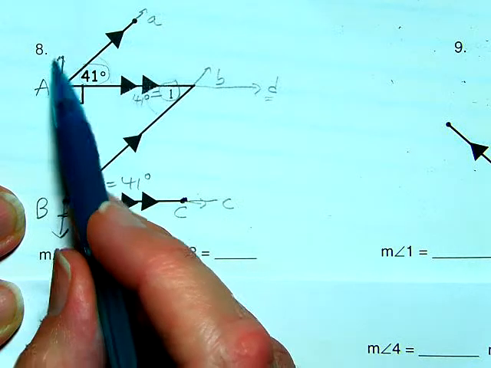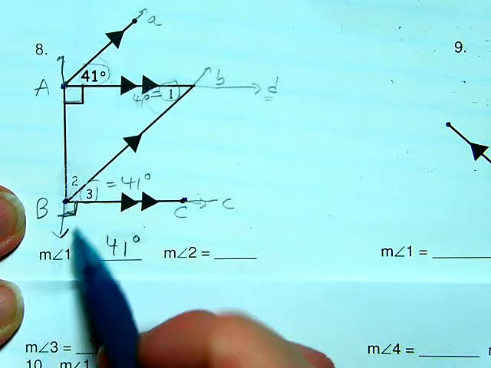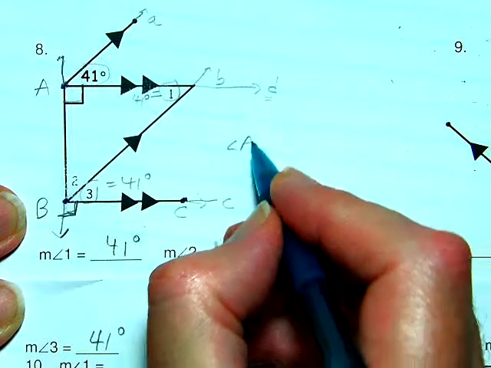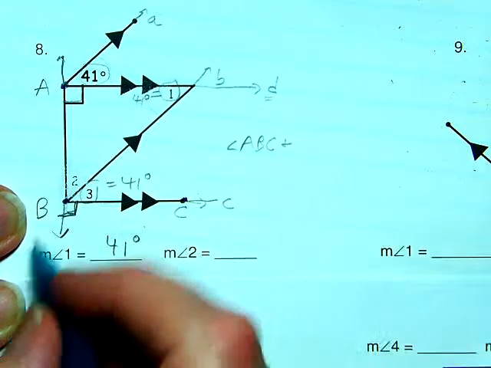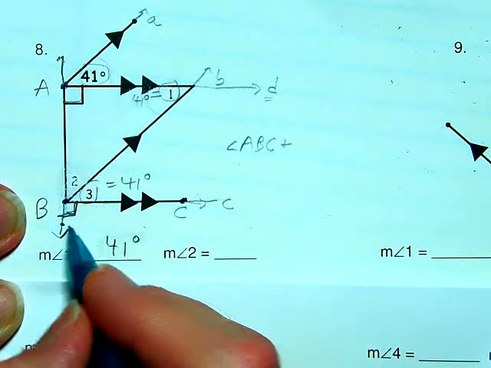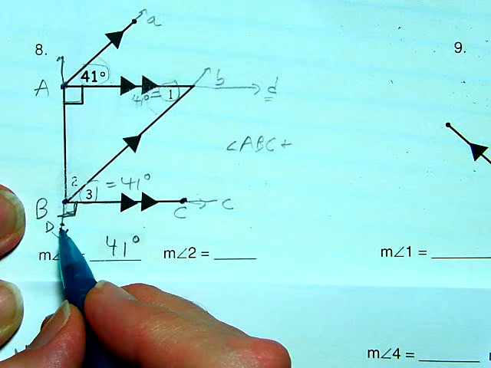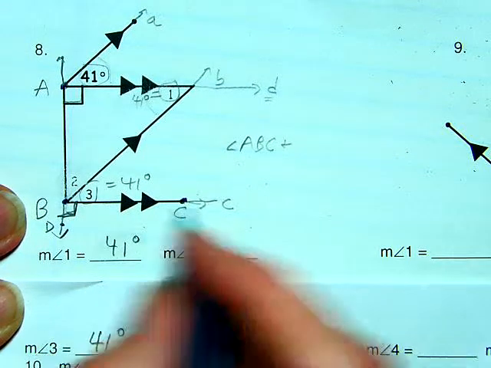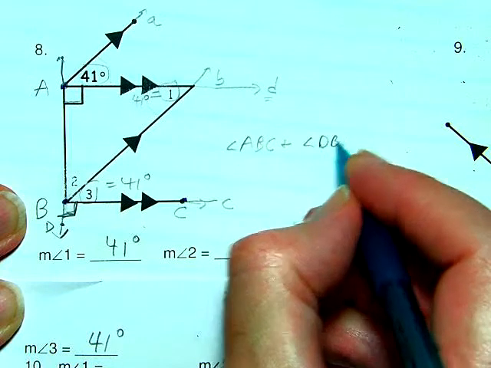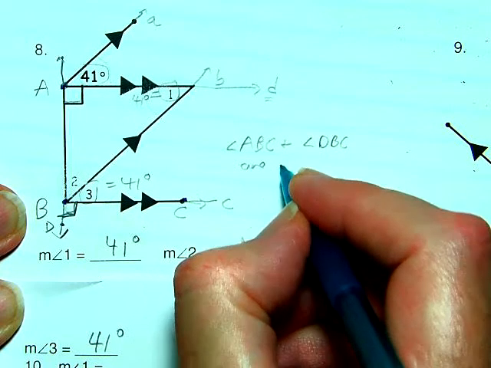Because this is a line, and we have a linear pair, angle ABC, and if we put this point as point D, we'd have angle DBC down here, and angle ABC and angle DBC are a linear pair.